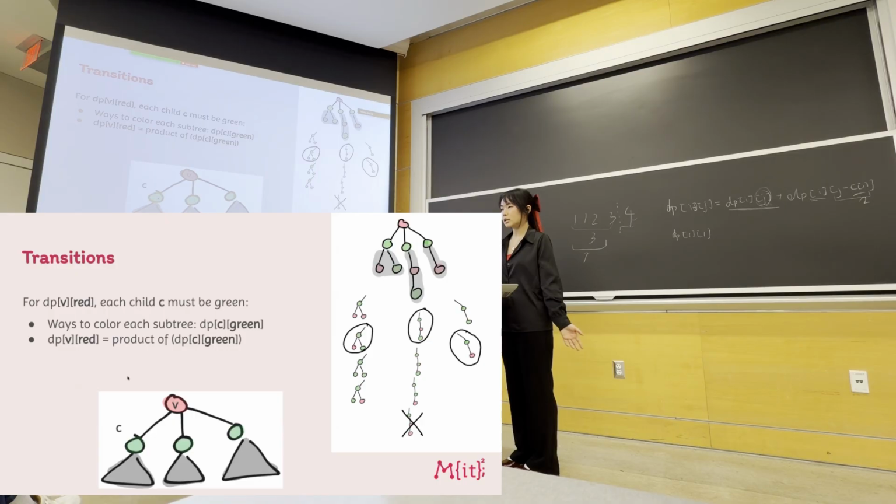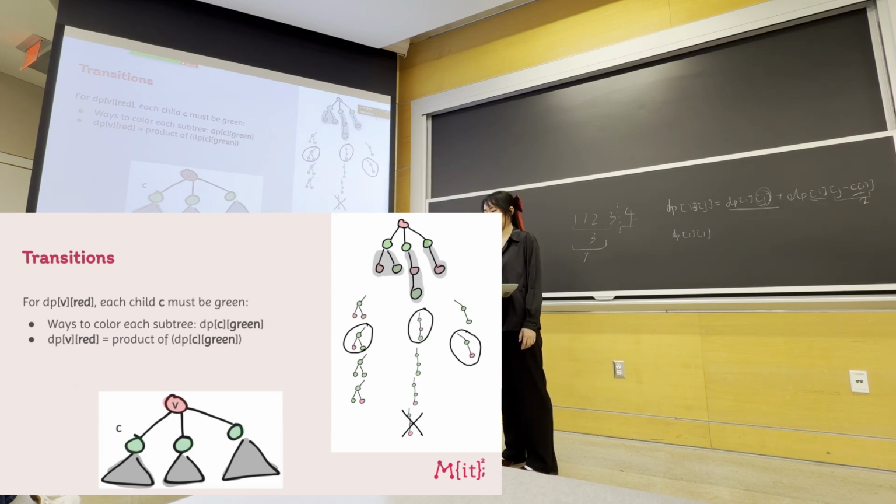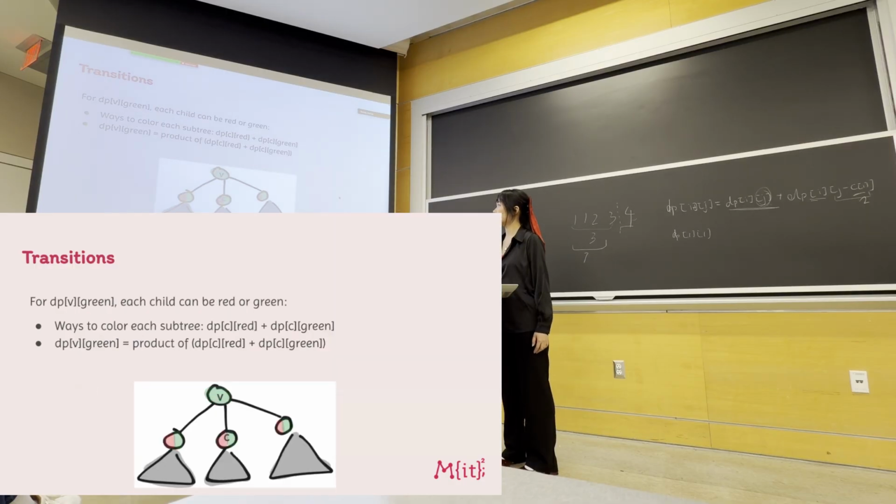So if this child has 2 ways and this child has 1 way and this child has 2 ways, then the ways to get V to be red would be the product of these 3, which would be 2 times 1 times 2. And we can see an example here as well. Note that this would not be allowed because red is next to red. So that's our transitions for red.